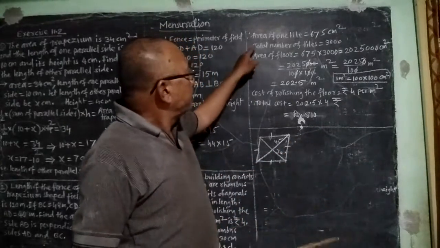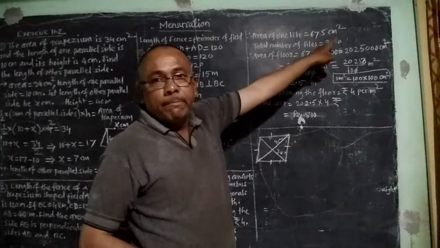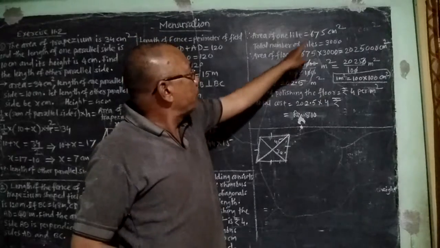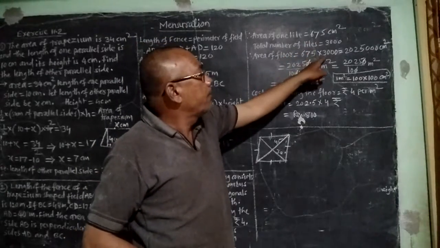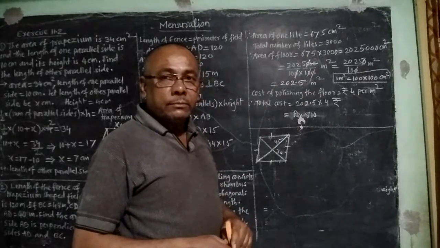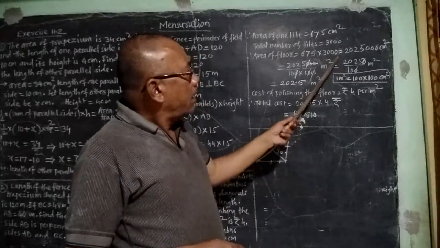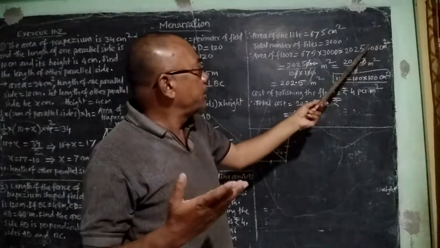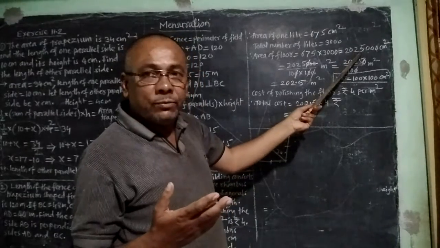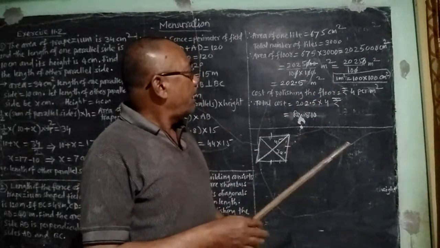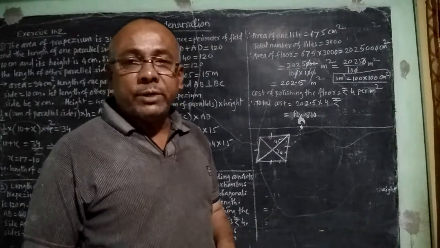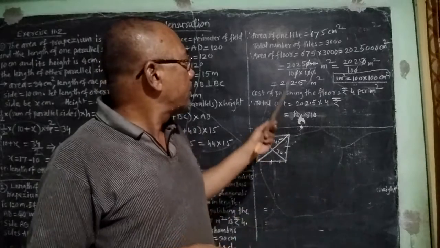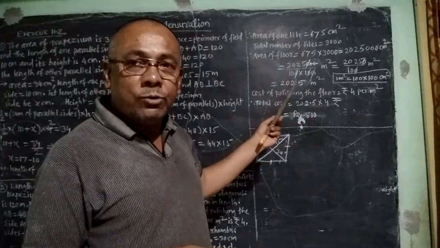So here total number of tiles is 3000, and therefore area of floor is equal to 675 into 3000. So our answer is 2025000 centimeter square, and to convert this centimeter square into meter square we have to divide our number by 100 into 100.